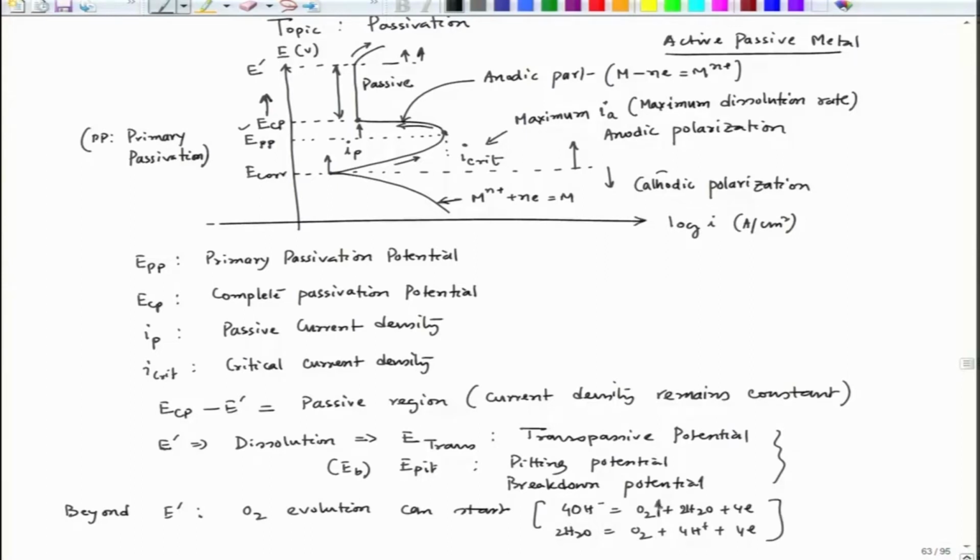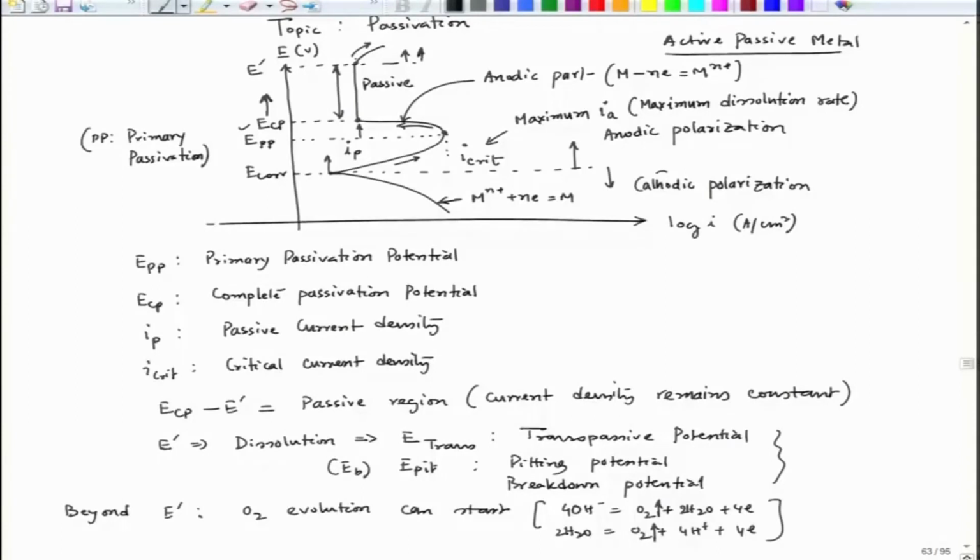So we could see the oxygen gas evolution starts at a higher potential. But remember, at that time it may not be the transpassive potential, because the metal oxide layer, the passive layer, may not dissolve. The oxide layer remains, but the surface acts as a substrate for the oxygen evolution reactions.